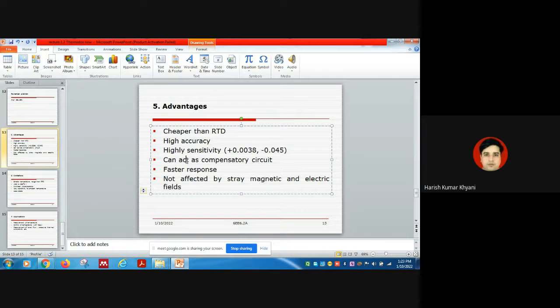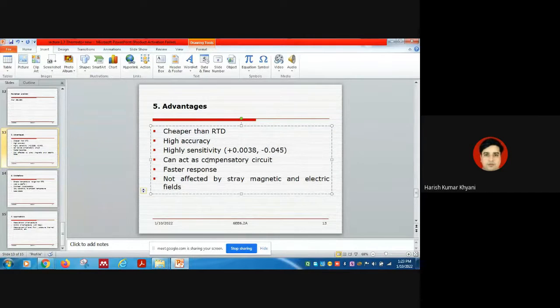It also acts as a compensatory circuit. It means, suppose in the circuit your resistance increases with increment in temperature, and you don't want such changes in the network, then you can use a thermistor as a compensatory circuit because thermistors have a negative temperature coefficient.